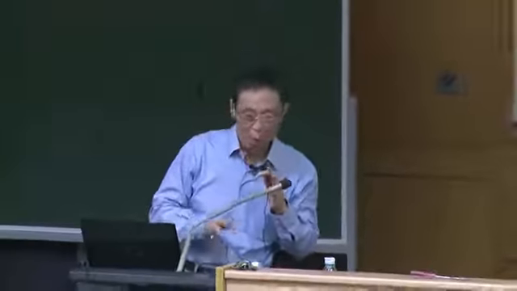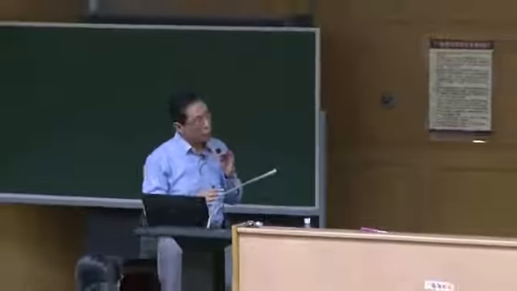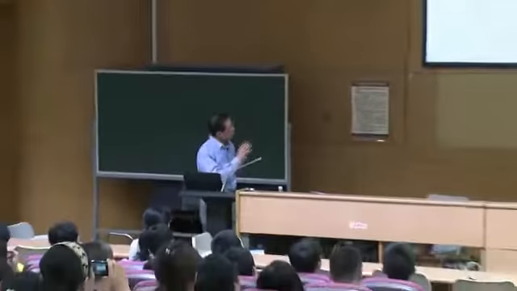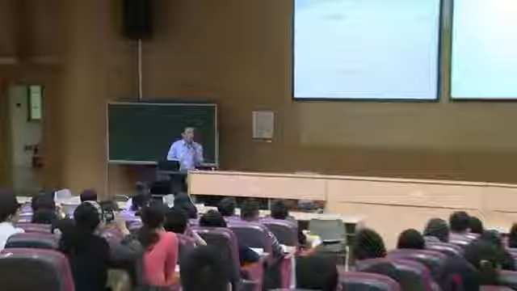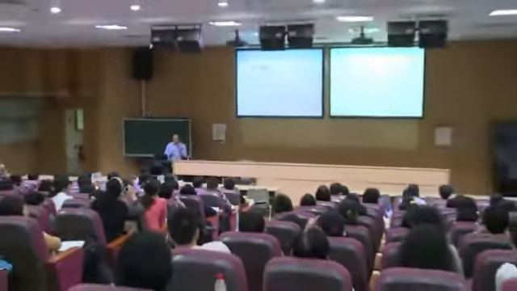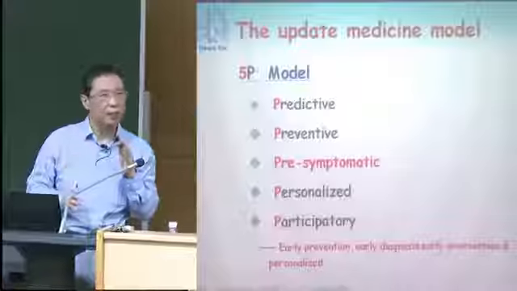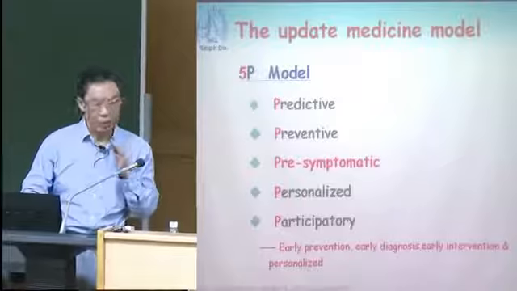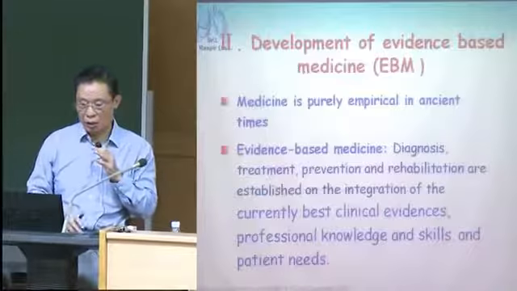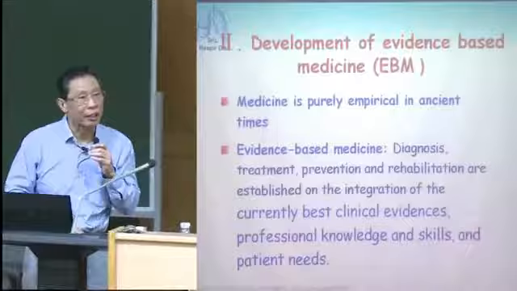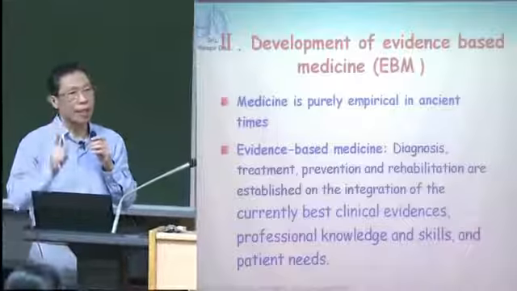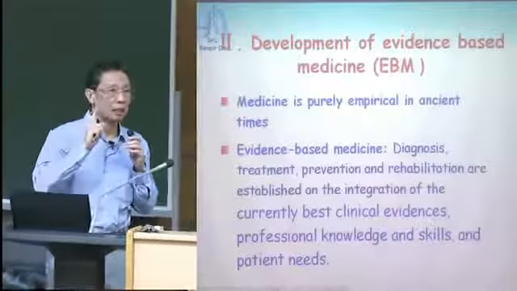You should not let the patient go and not treat until the symptom happens. That may be too late. I'll give you an example later on. That's the first point about the medicine model.